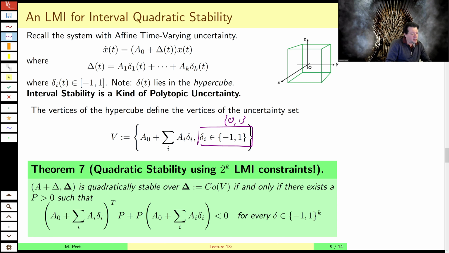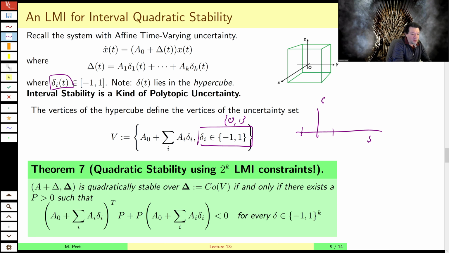The key here is to visualize the set of uncertain parameters. So what does the set look like? If you have a single uncertain parameter, Δ, it's just the interval from negative 1 to 1.